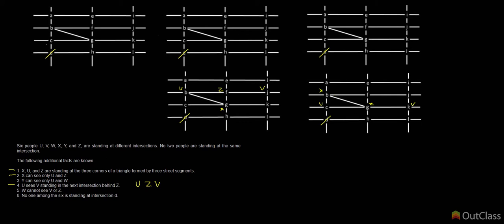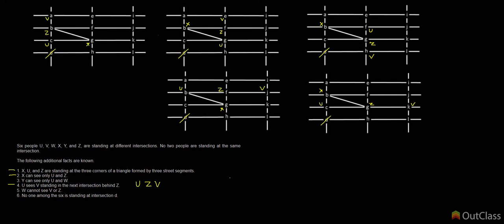The vertical cases: uzv puts my x here, uzv puts my x here, uzv puts my x here. Let's see how quickly we can contradict these cases.